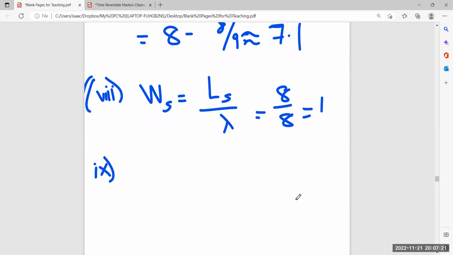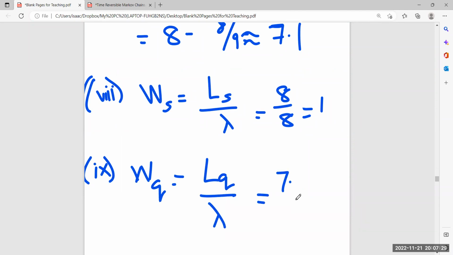WQ is LQ over lambda, the arrival rate. So it's 7.11 over 8, which is 7 and 1/9 divided by 8, times 60 minutes, about 53 minutes.